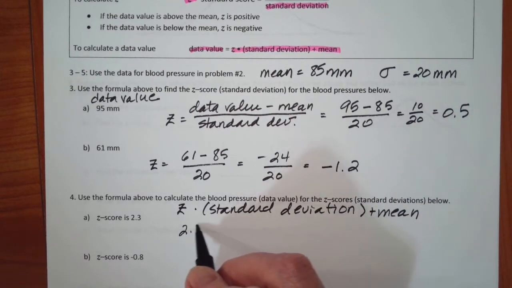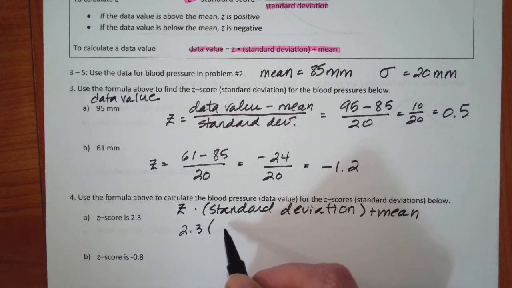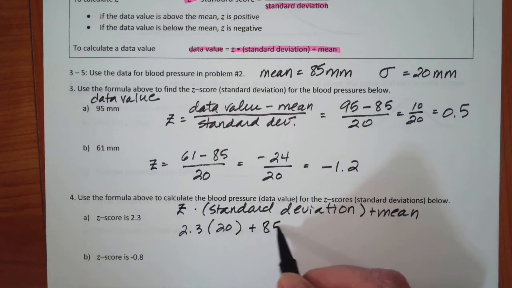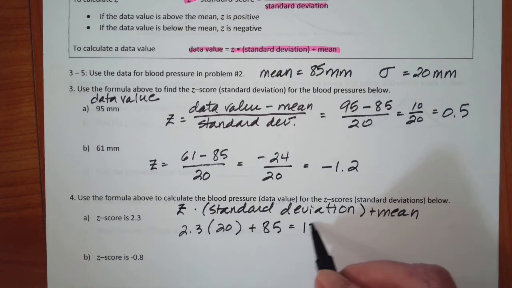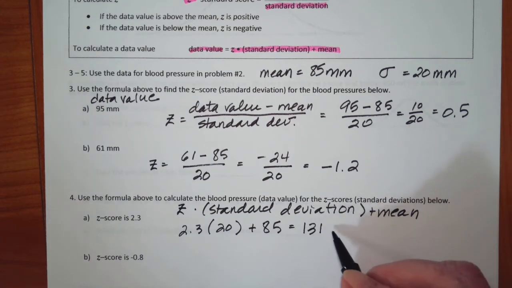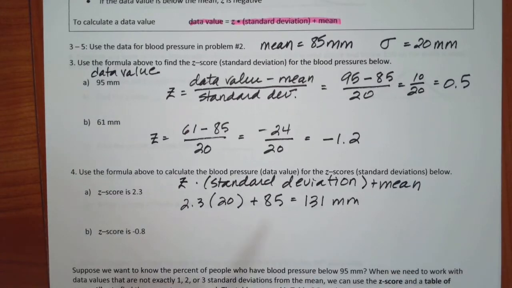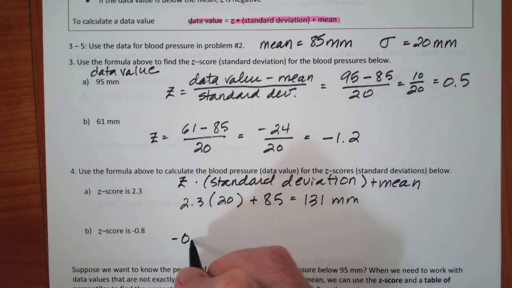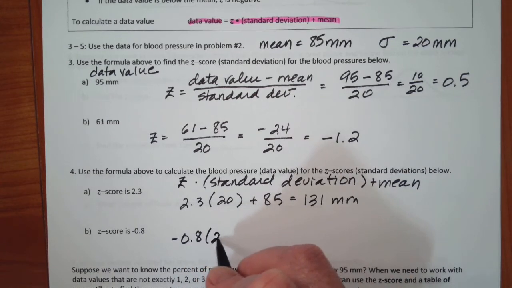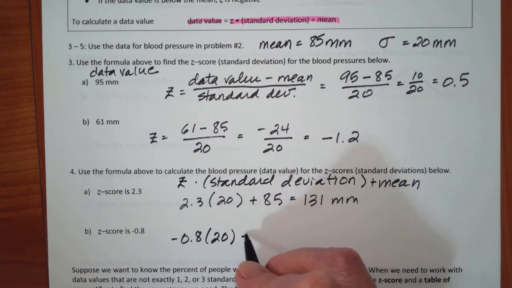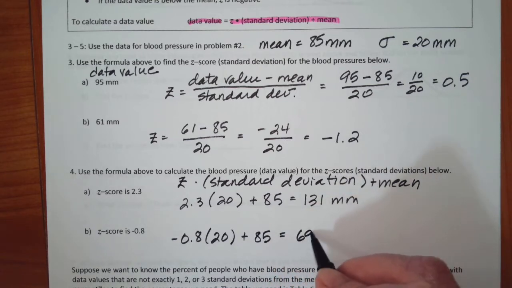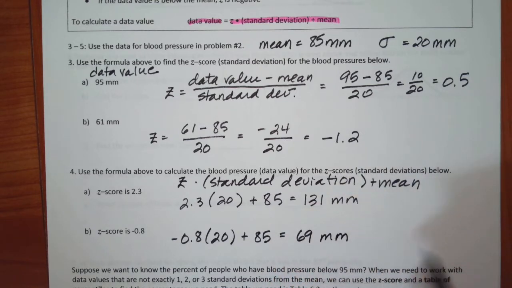So it's going to be 2.3 times the standard deviation plus the mean, which gives us 131 millimeters. If the z-score is negative 0.8, it's going to be negative 0.8 times the standard deviation plus the mean, which gives us 69 millimeters.